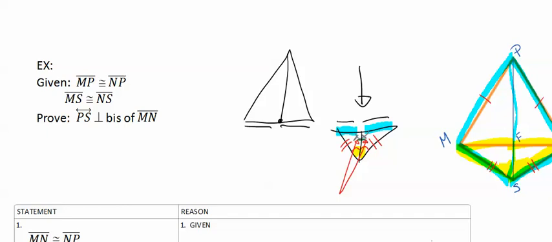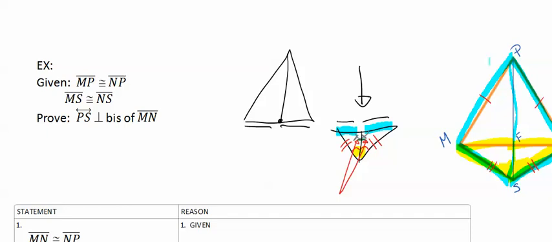Let's look at that example from the last video. We're given the following. Line segment MP is congruent to line segment NP, and line segment MS is congruent to line segment NS. And that diagram is shown on the right. And what we did in this example is we kind of did a detour.